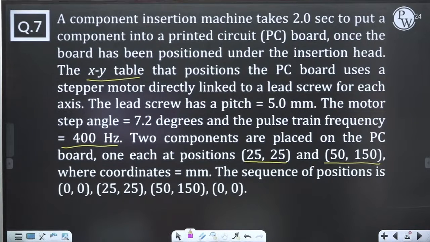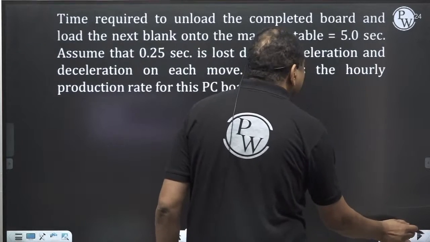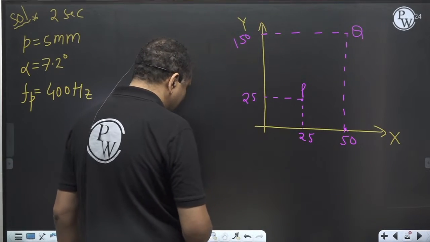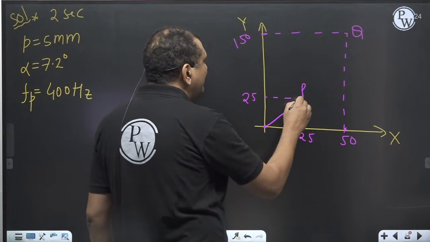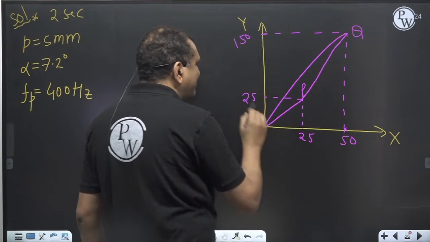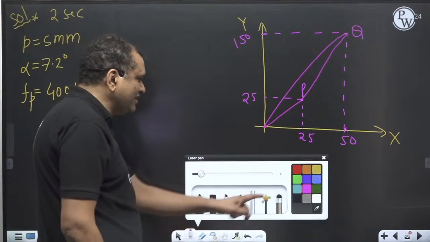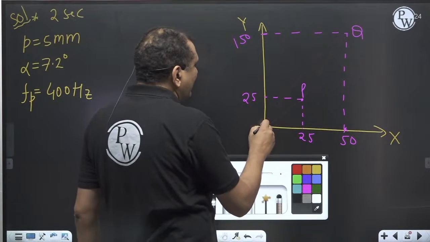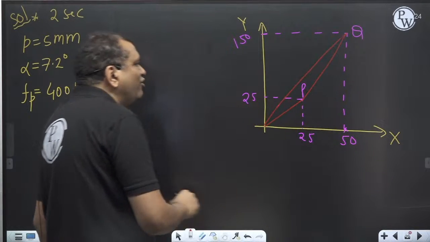Where coordinates are in millimeter, the sequence of position starts at 0, 0. So what is the sequence? The sequence is O to P to Q and back. It will go from O to P to Q and O back.